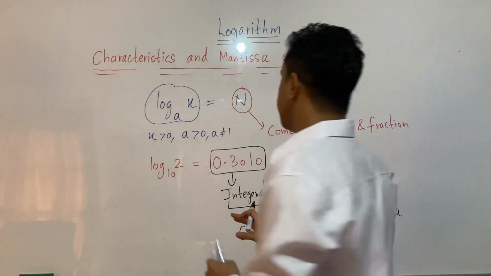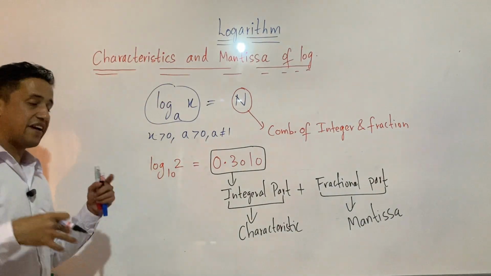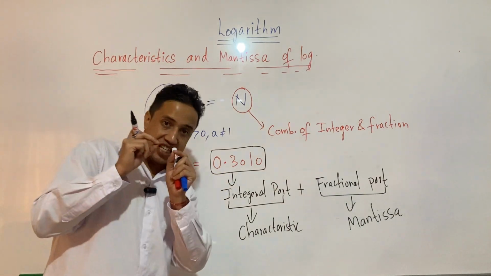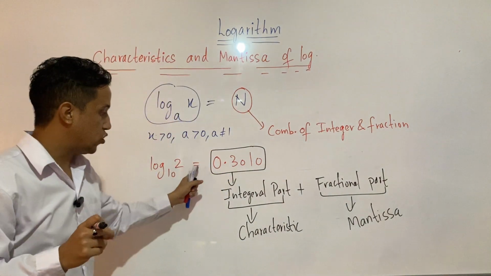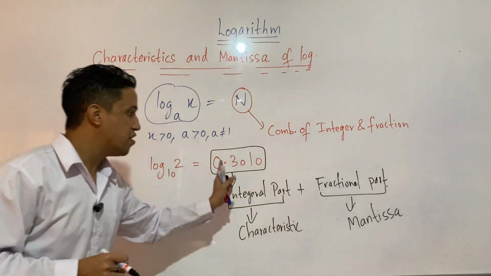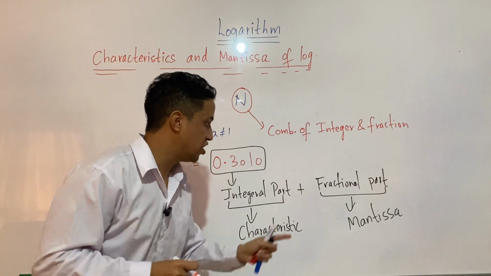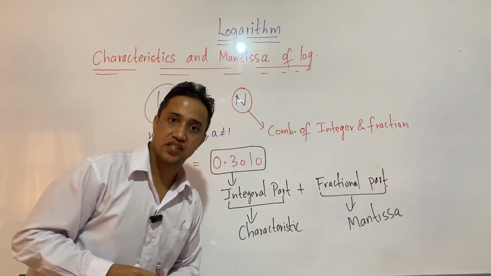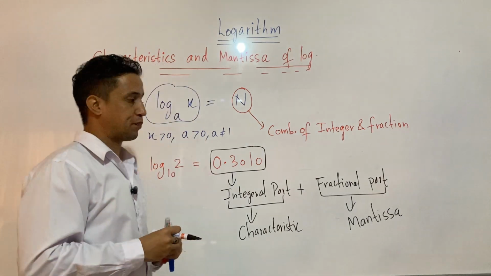Okay, so whenever you find the value of any log, then the integral part of that value is known as the characteristic, and the fractional part of that value is known as mantissa.